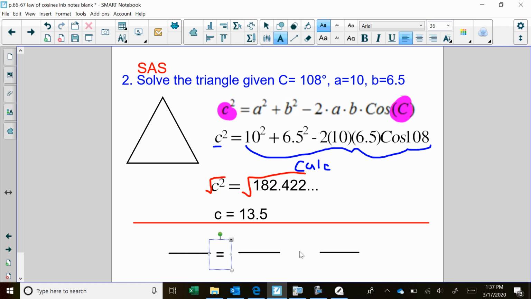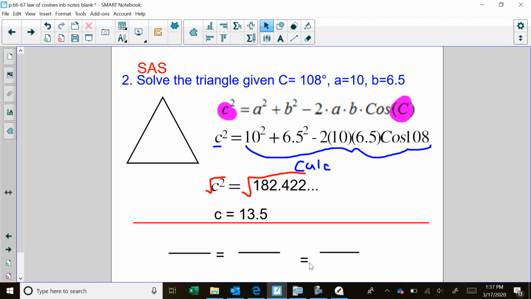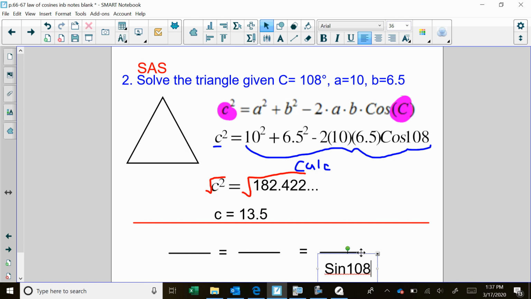Let's see what they gave us. So C, we've got sine 108. Now keep in mind, we just changed over to law of sines, so we have to be using the sine function. Up here, this was law of cosines, so make sure you're using the cosine function. Be very, very careful. We just found 13.5. We were given 10 and 6.5.